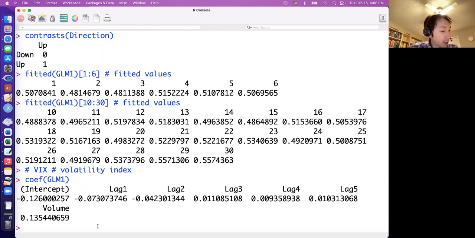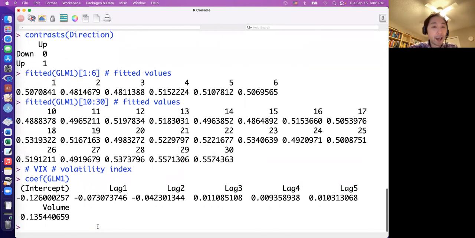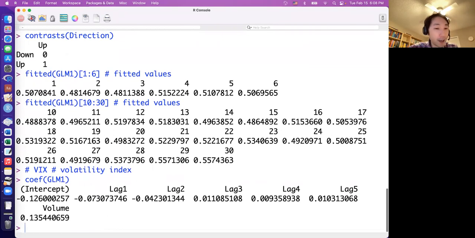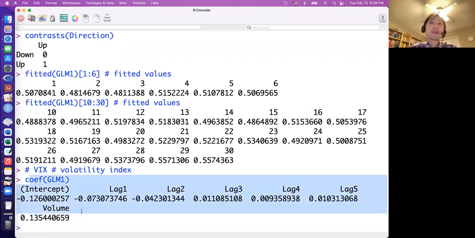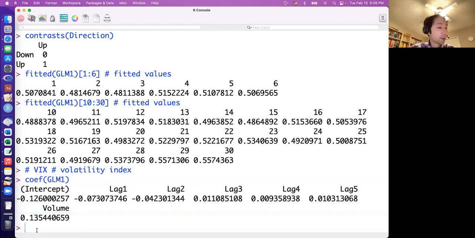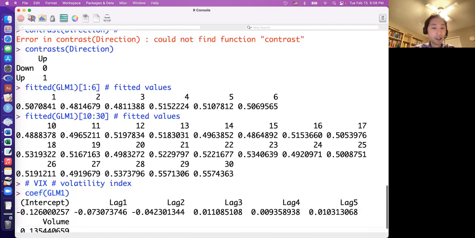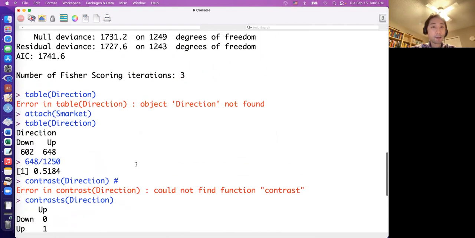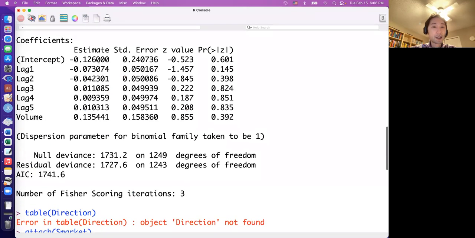So maybe we can replicate this fitted value by using these coefficients. We are using the logistic curve and the coefficients to estimate the probability. The coefficients of the GLM are just the same as these estimates.